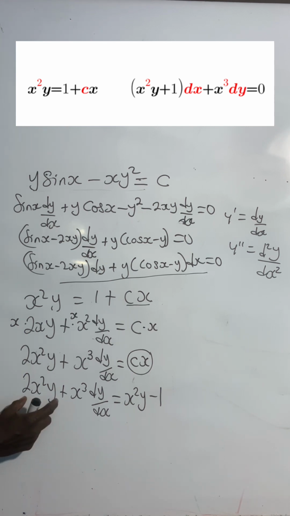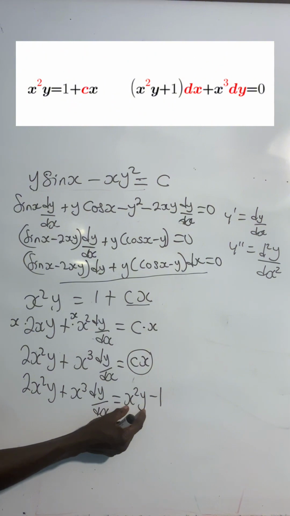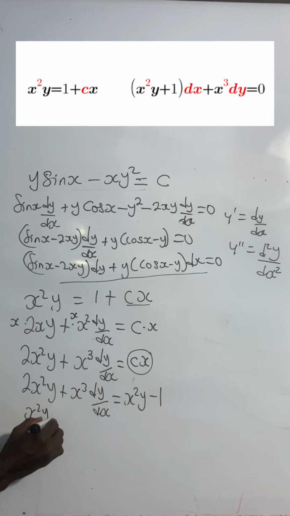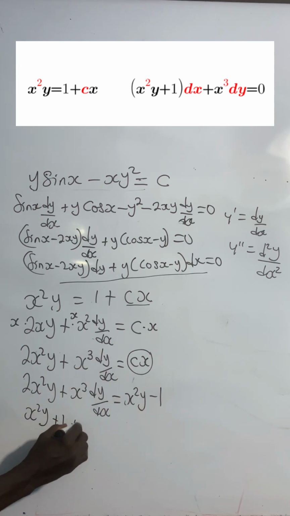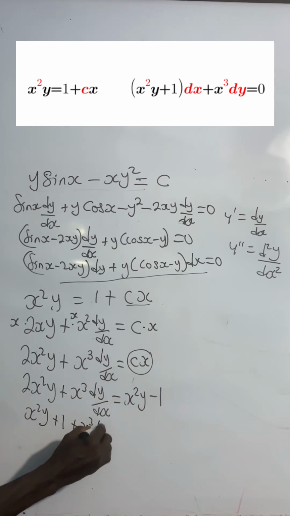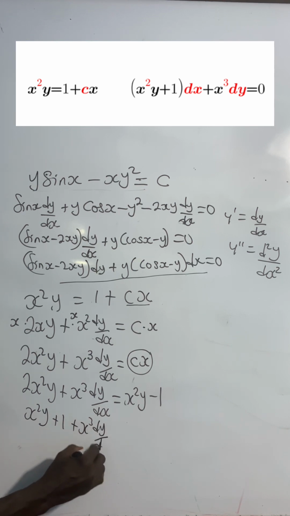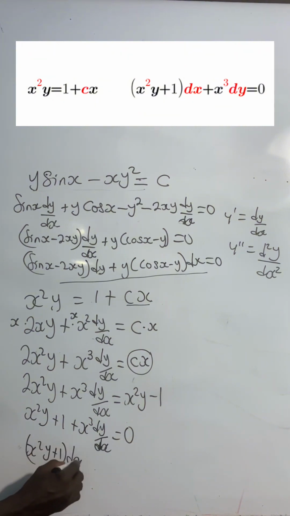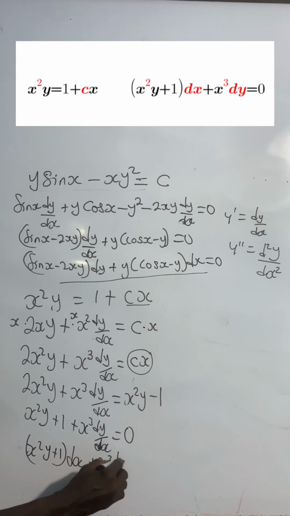Or you can make c the subject and then do your substitution. Anyway, it's good for you to go, but you need to be smart. Now, here, if I take x squared y from 2x squared y, I'll get x squared y. And then bring 1 here to become plus 1, then plus x cubed dy/dx equals 0. And multiply through by dx to get (x squared y plus 1) dx plus x cubed dy equals 0.